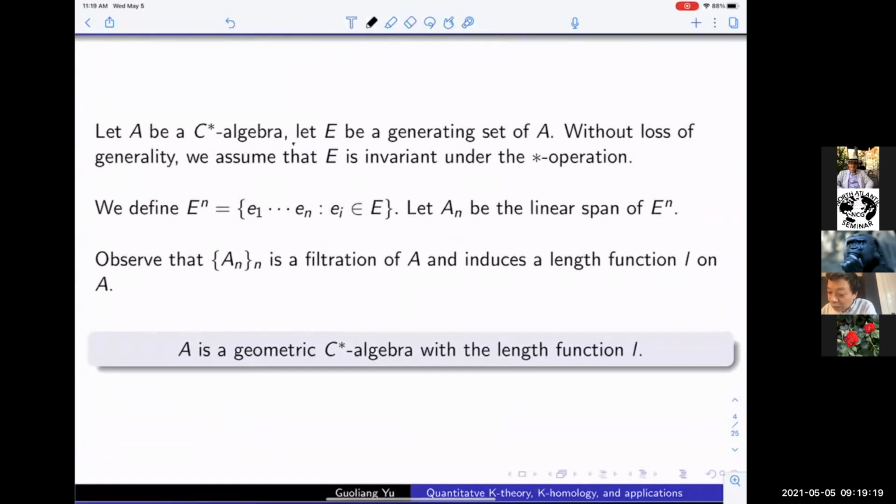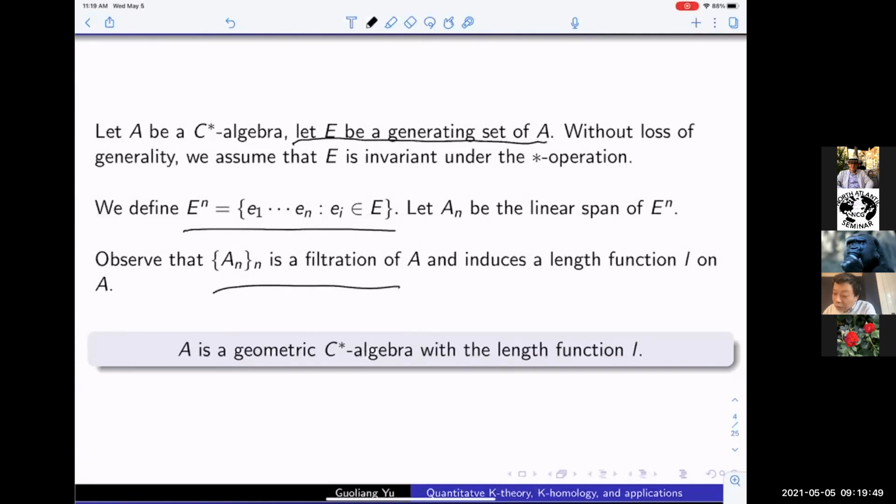For example, you can choose a generating set, in the sense that every element in the C*-algebra can be approximated by products and linear combinations of elements in this set E. If you let it multiply n number of times, it gives you a filtration. And whenever you have a filtration, you can define a length function.